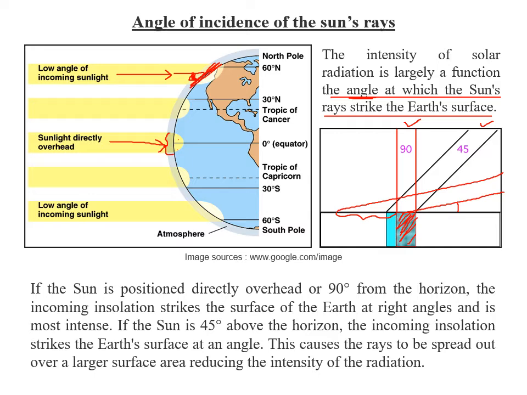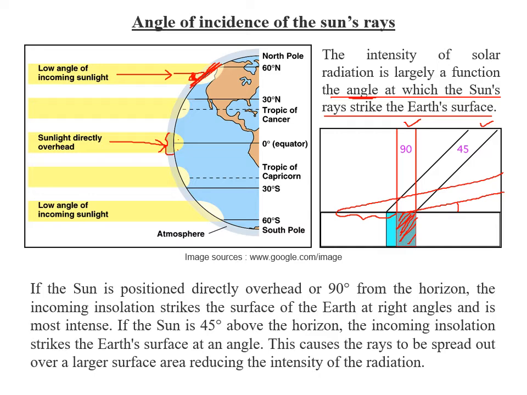So in this way, we can see that the angle of incidence of the sun's rays can affect the amount of energy received at each point over the earth surface.